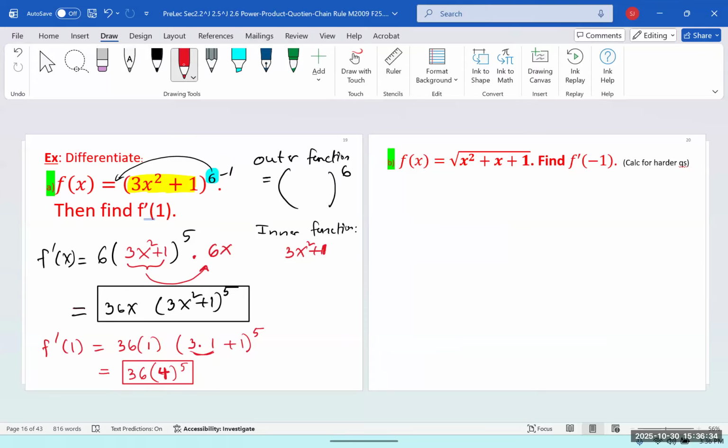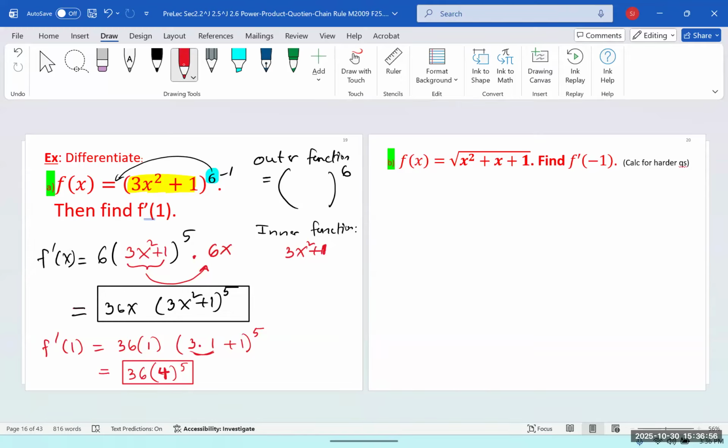Okay, another example. I got the first one. Is this for the chain rule? Yeah, chain rule. Basically, do you see the power here for the outer function? So what is your first step? It's not 1.